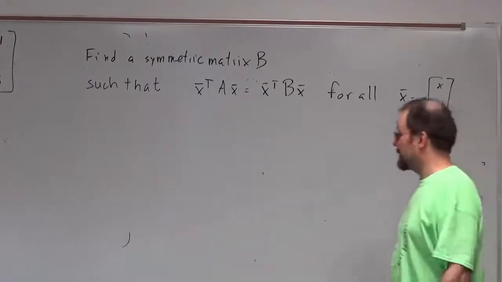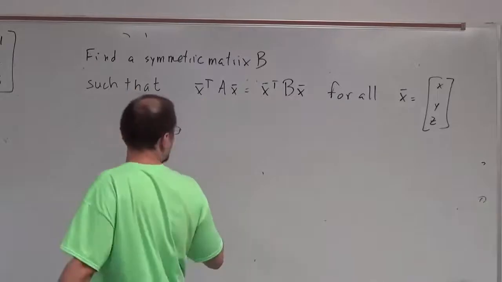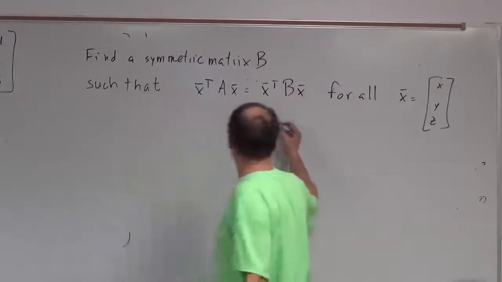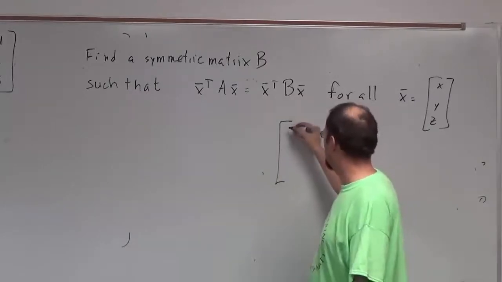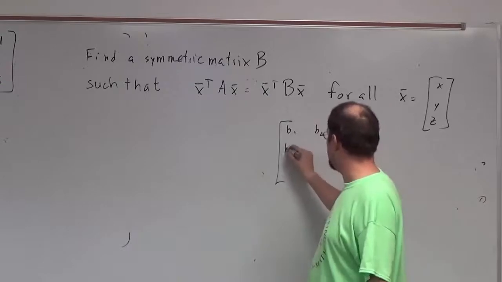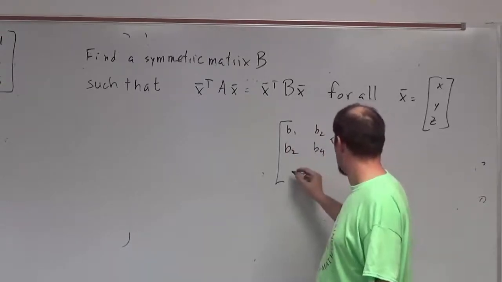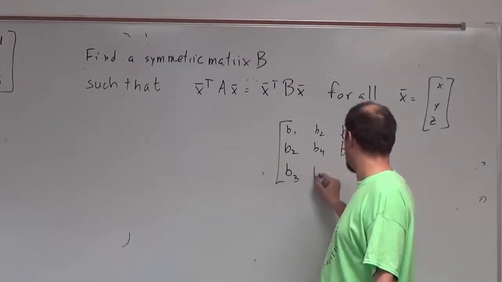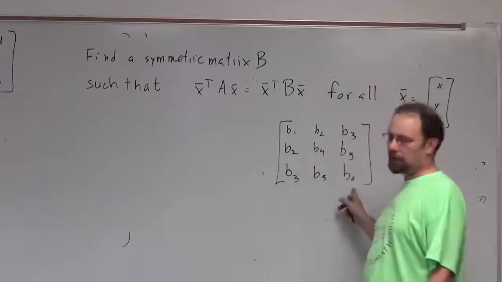So you could do this the really long way, right? Assume that B is some symmetric matrix, so you would have B1, B2, B3, then B2, B4, B5, then B3, B5, B6. So the symmetric matrix is defined by 6 entries, right?